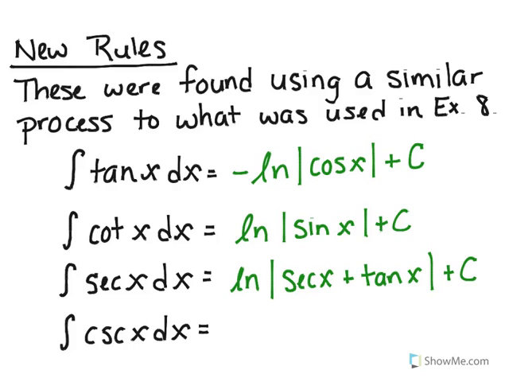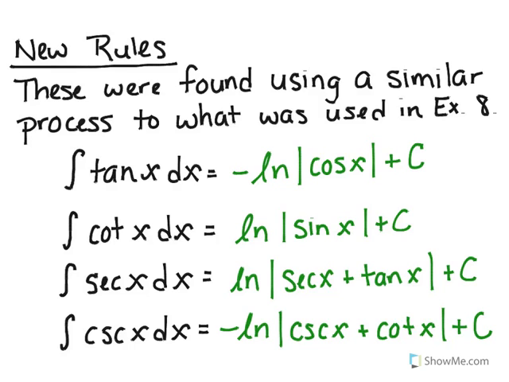Cosecant will be very similar, except it'll be negative natural log. And then instead of secant and tangent, it's cosecant and cotangent. Cosecant x plus cotangent x plus c. Okay? So we can add these to our list of rules that we need to work on memorizing.